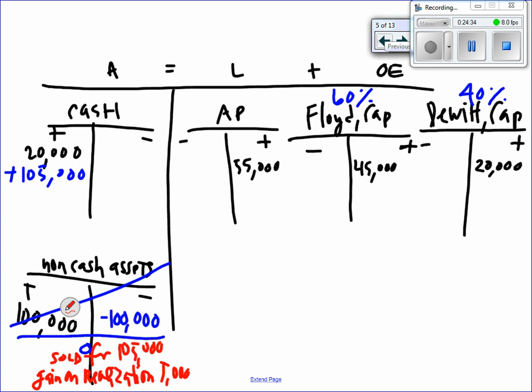Come back here. The allocation of the gain or loss on the realizations to partners. So the partners get to share what money here? 100, 105, or 5? 5. Okay, they get to share the gain. They'd also have to take the hit of a loss. Okay. So we have a 60-40 split. What's 60% of $5,000?